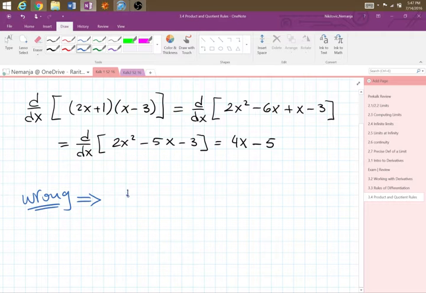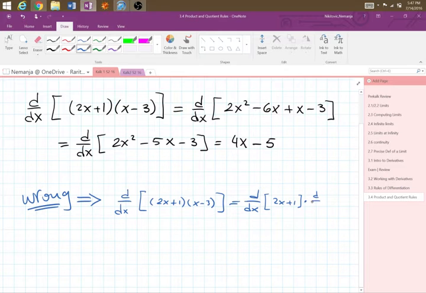So if you say that this is the same as this, you're wrong. So don't do it. But I have to do it. I hate doing this because I don't want you to remember the wrong thing. But then I have no other way of demonstrating that it's wrong other than do it.